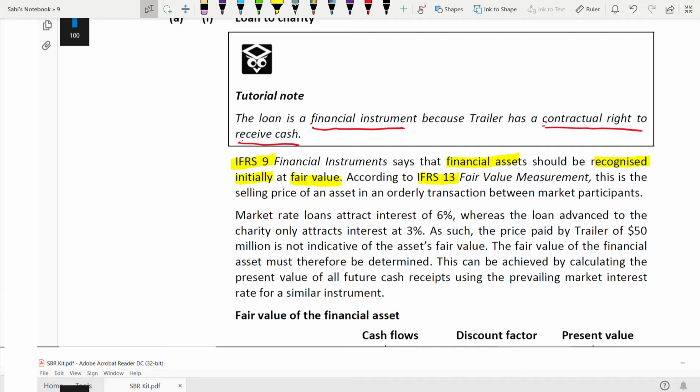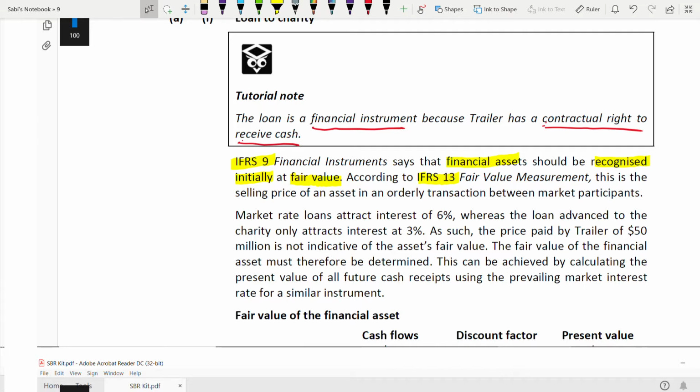When you study, remember this standard comes in most standards, not all, but I would say 70 to 80% of standards involve IFRS 13, whether it's income tax, IAS 12, non-current assets, intangible assets, investment property, IFRS 9, and many others. So IFRS 13 you cannot skip. By hook or by crook you have to know IFRS 13.